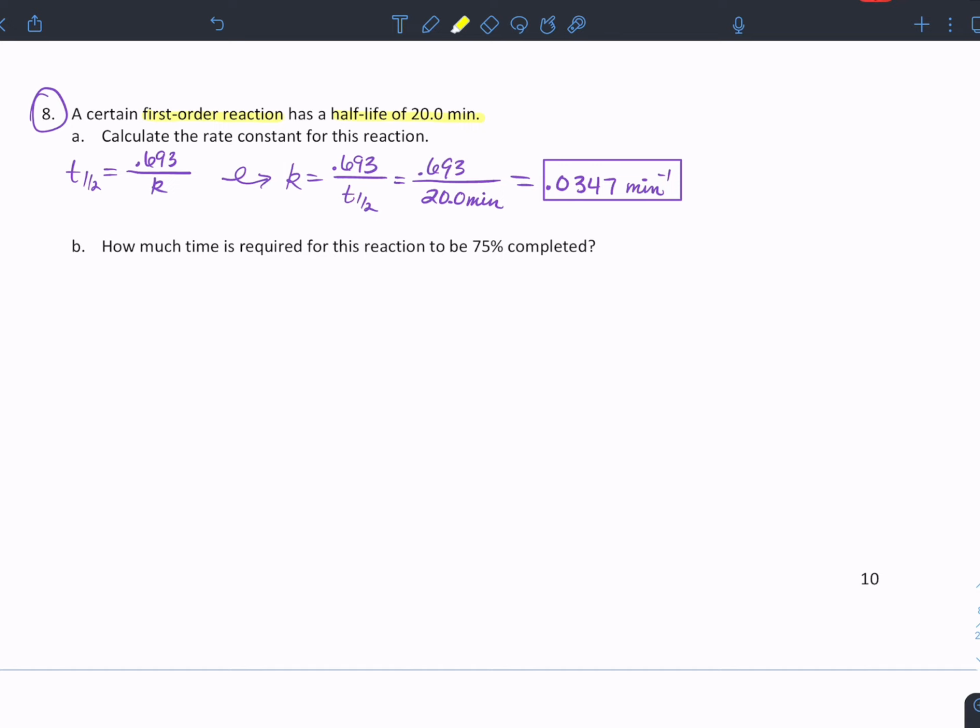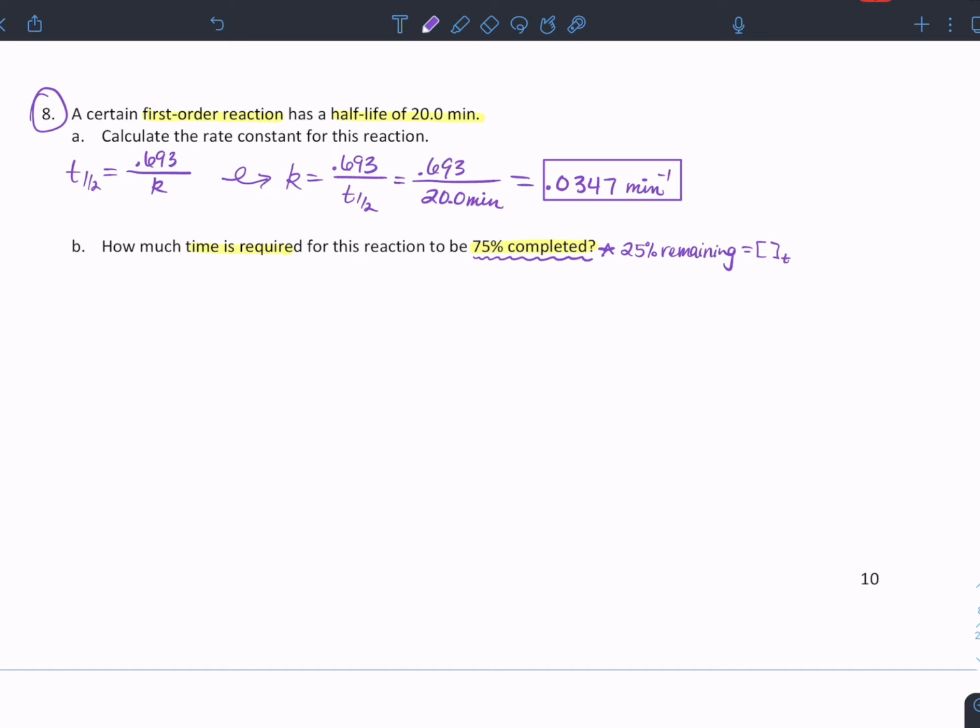We want to know how much time is required for this reaction to be 75% completed. This right here, the 75% completed, is the part that trips students up. What we need to know, if it's 75% complete, that means that we have 25% remaining. So that's going to be our concentration at our time.